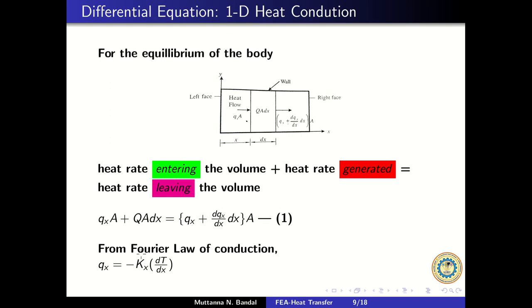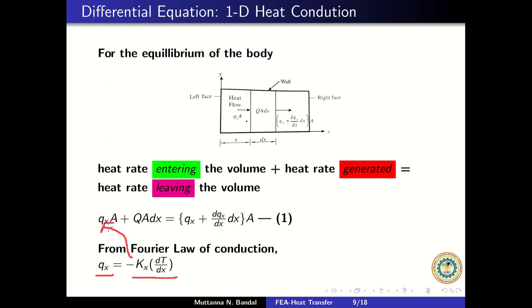And from Fourier's law of conduction, which we have already done, Qx = -Kx · dT/dx, the amount of heat flow. I will substitute this Qx into the equation.